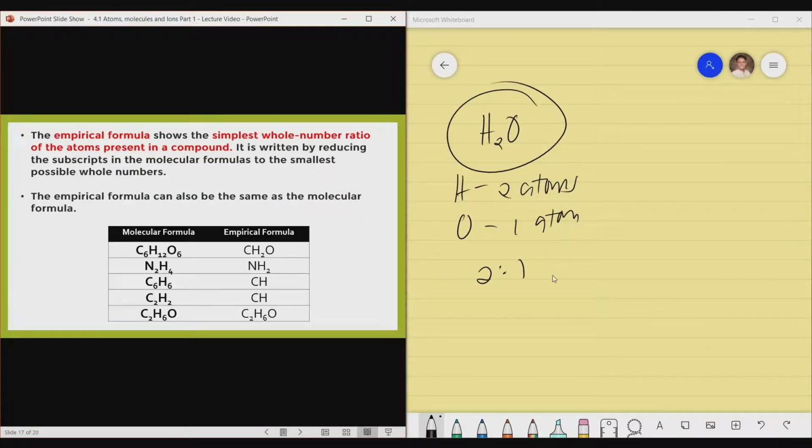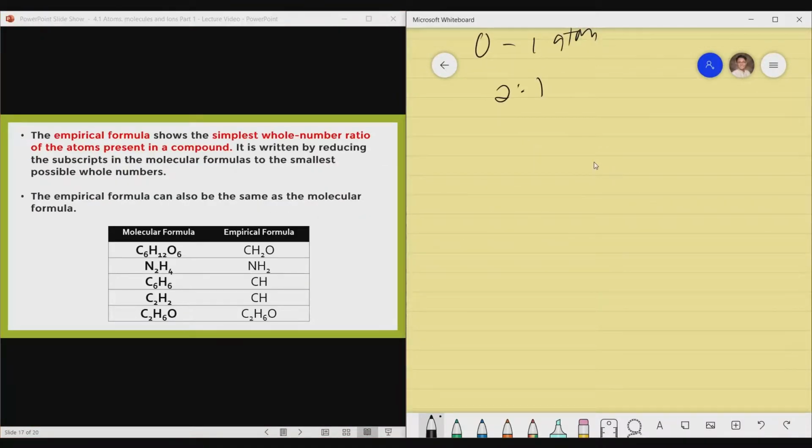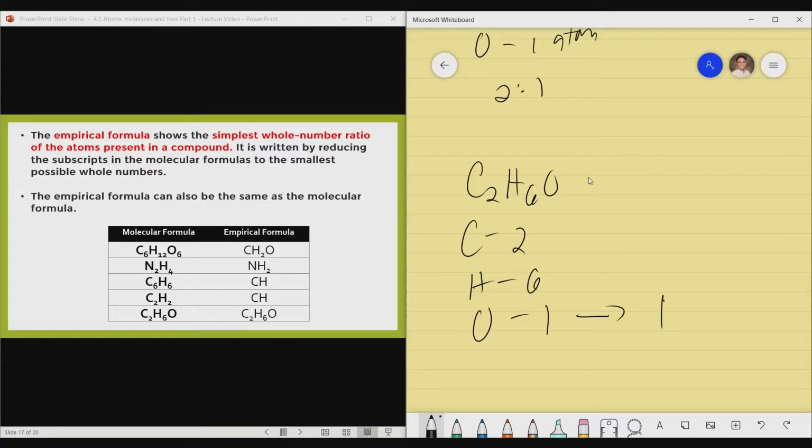Kasi ang mga subscript, C2H6O, carbon is 2, hydrogen is 6, and then oxygen is 1. So, hindi na natin mali-lowest or smallest possible number si 1 kasi ang smallest possible number ni 1 ay 1 na lang din. So, that is why si 6 ay 6 na din and 2 ay 2 na rin. Okay? So, just simple application for mathematics in lowering the whole number. So, kaya parehas pa rin si molecular at empirical. Okay? There are instances.